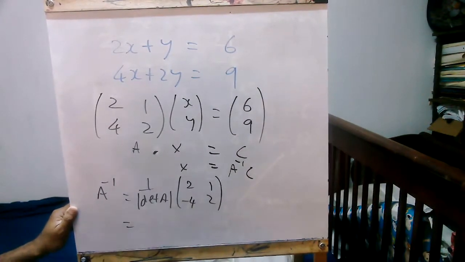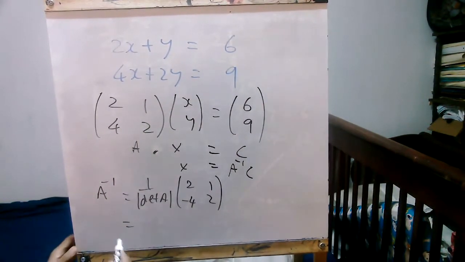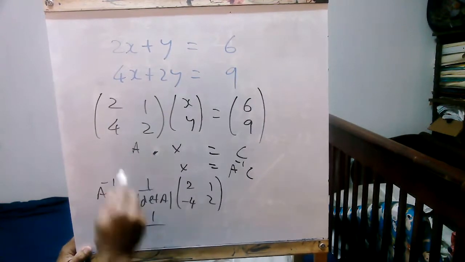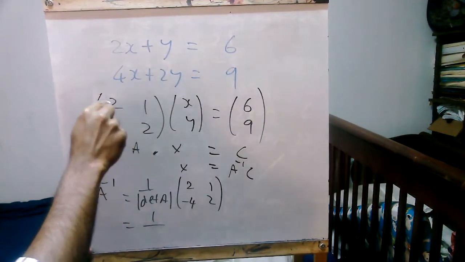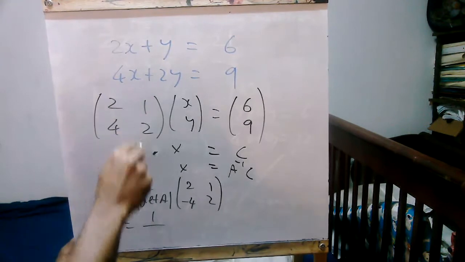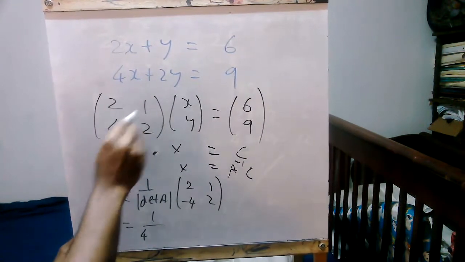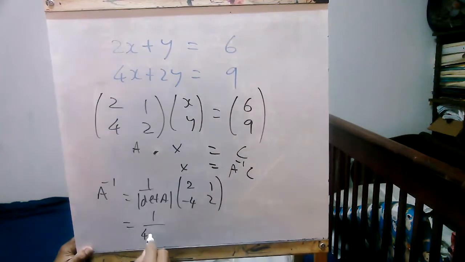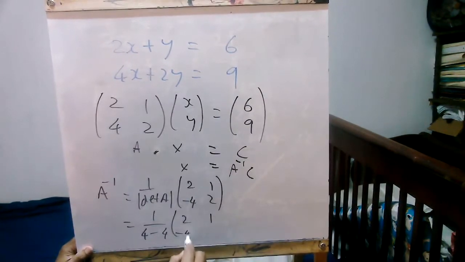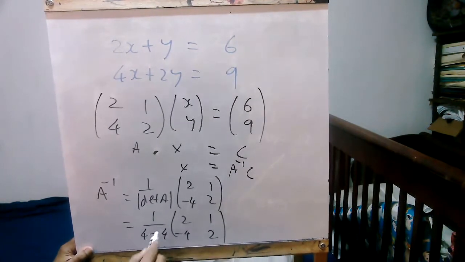What's the determinant of A? 1 over, downwards it's positive, upward it is negative. 4 times 1 is 4, minus 4. Here we get 2 1, negative 4 2. Now you see this is 0.